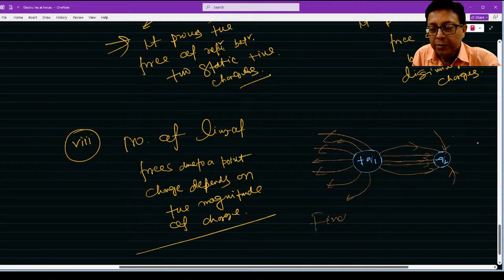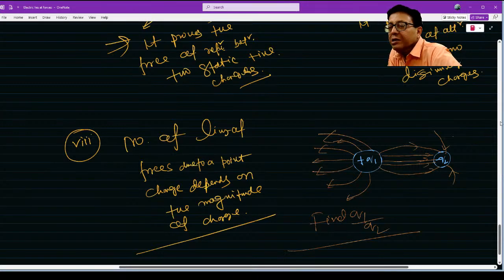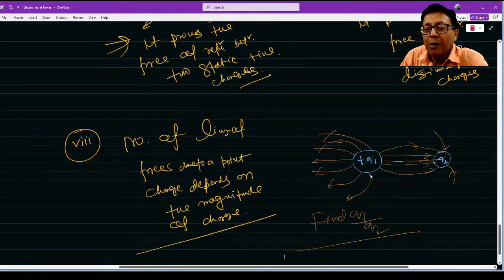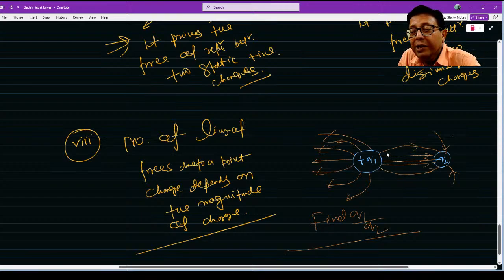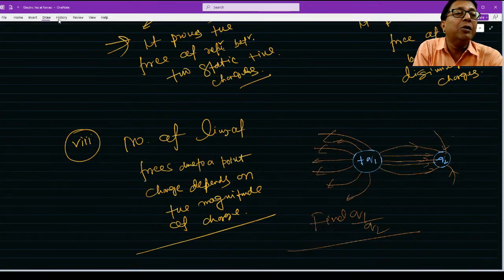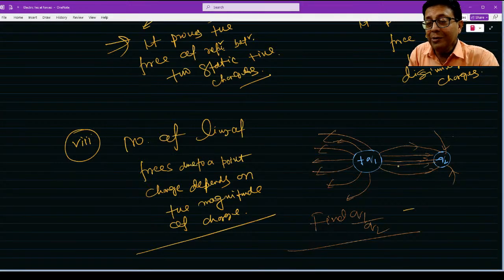Find Q1 by Q2. They have asked you to find this. We'll have one complete session on this kind of problem. Today you just have the introductory idea. Tell how to find Q1 by Q2. How many lines of forces are coming out of Q1? 12.